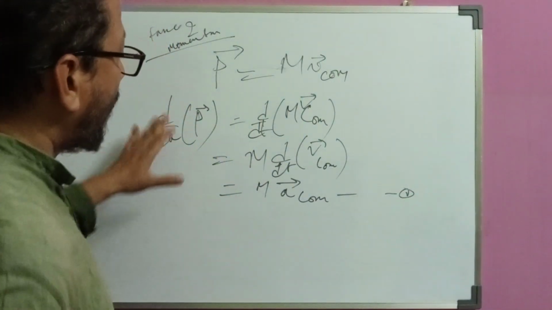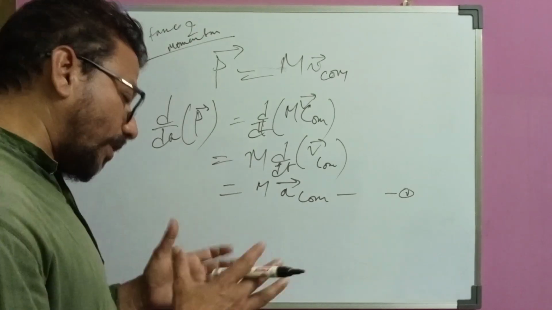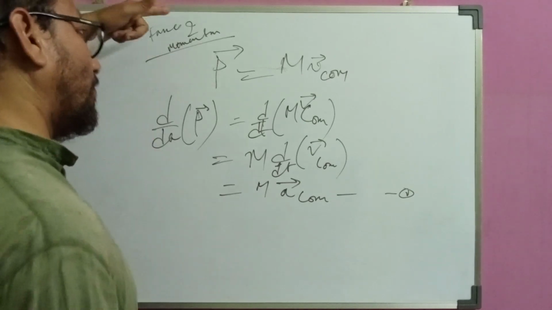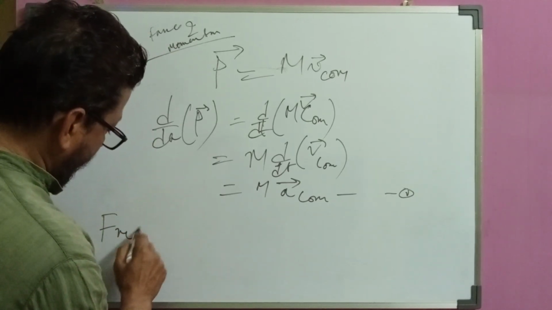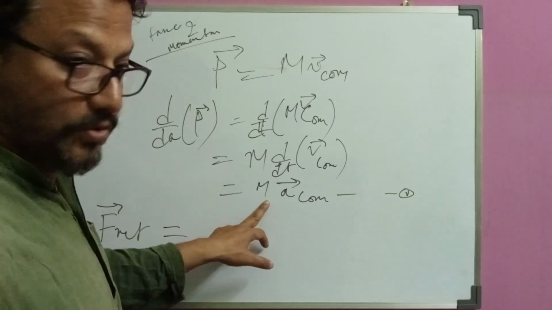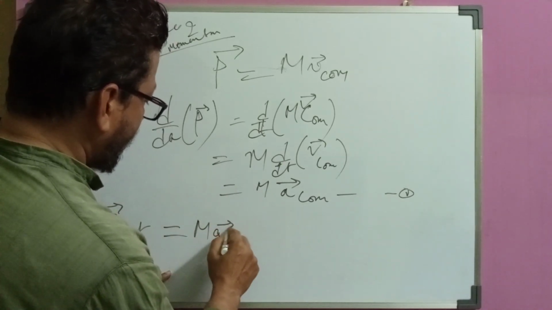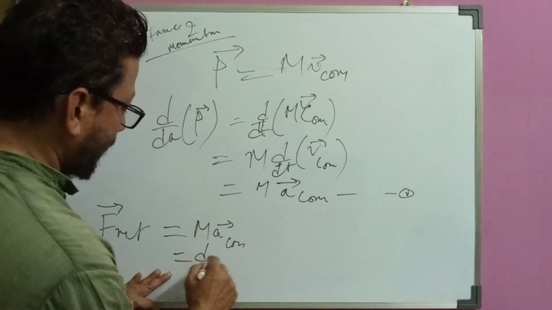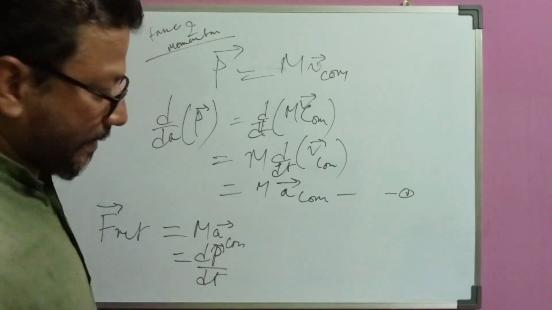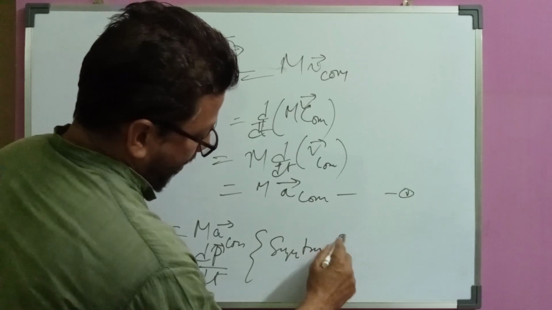Everything that comes is correlated, so we go back to the first classes: F net will be m a com, and this one will be dP by dt. These are the things for the system of particles.